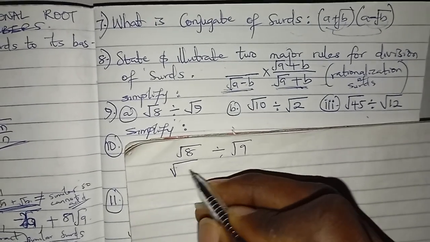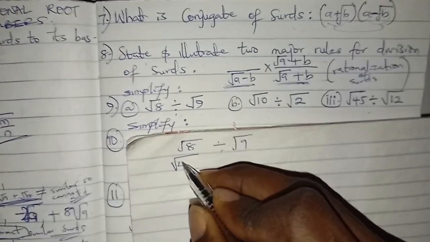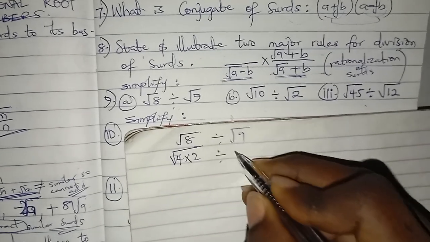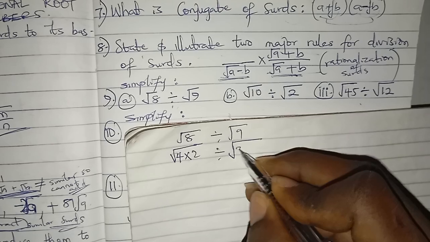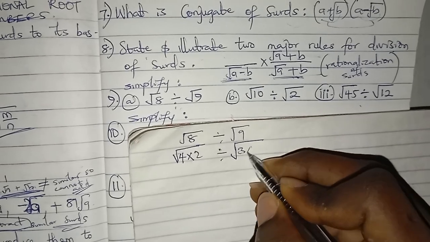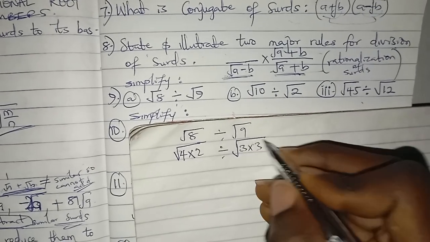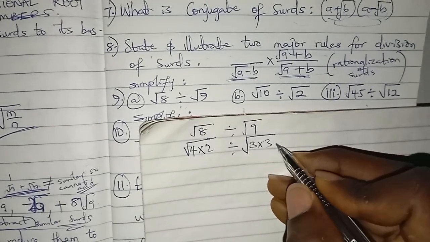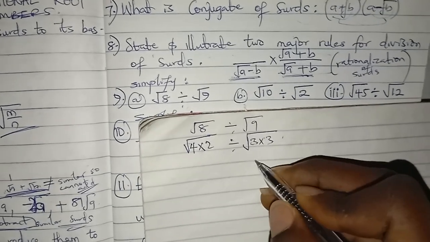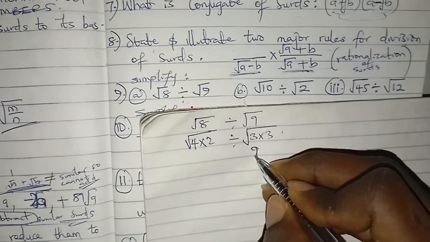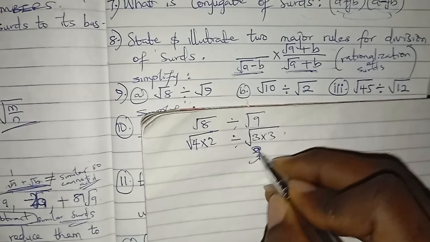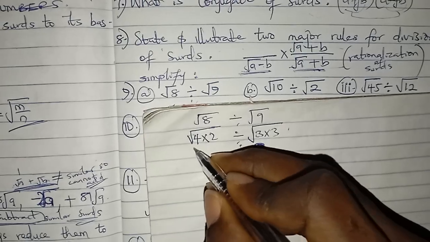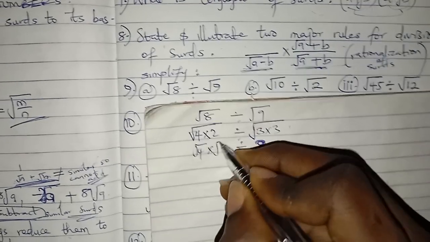Always remember, before you do surds, take it to its basic form. Root 8 is root 4 times root 2, divided by root 9, which is the same thing as saying 3. Sorry, thinking too much. Divided by, this is root 4 times root 2.